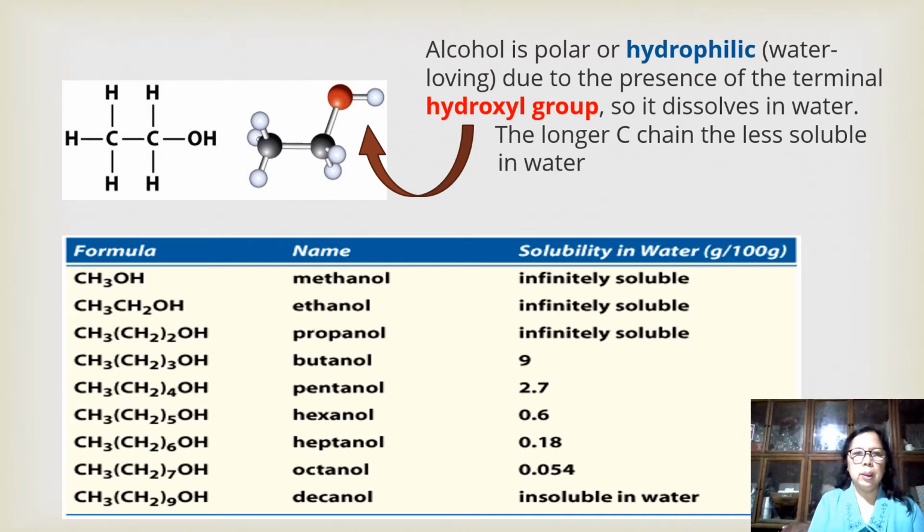Now take a closer look at the structure OH. The presence of the OH makes alcohol polar or hydrophilic, making alcohol soluble in water. However, the solubility is not the same with all kinds of alcohol. There are some alcohols that are infinitely soluble with water.